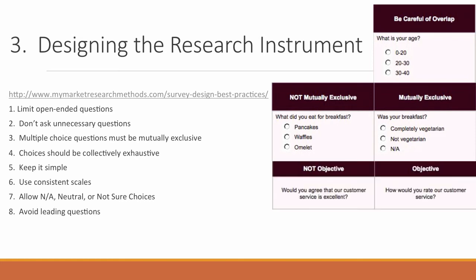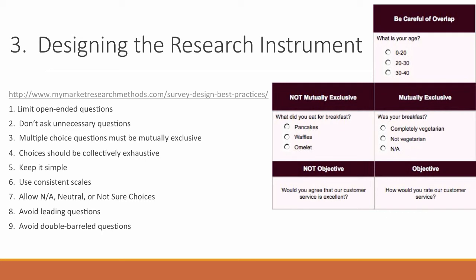Avoid leading questions. Look at this one. Would you agree that our customer service is excellent? Well, that's leading them to believe that it is excellent. So it would be more appropriate to ask them how they would rate our customer service, and then give them some options.